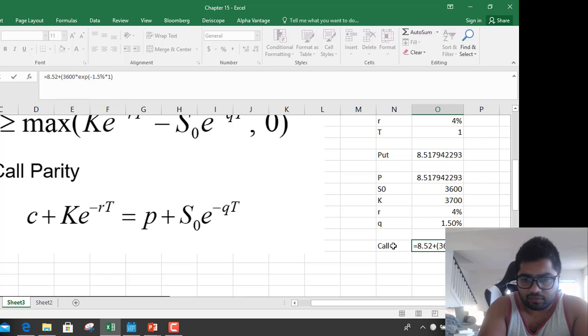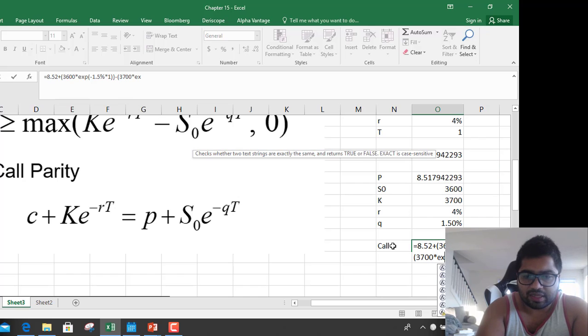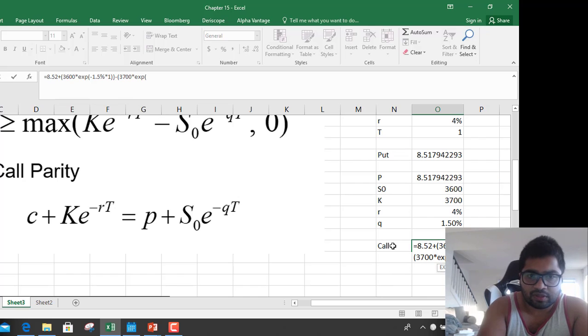Okay, so this was the second bracket, and again this goes there, it becomes minus exercise price 3700 times exponential negative sign risk-free rate 4% times 1.